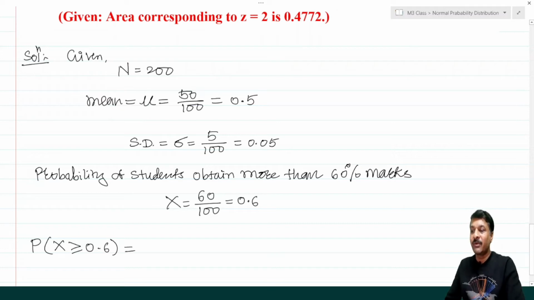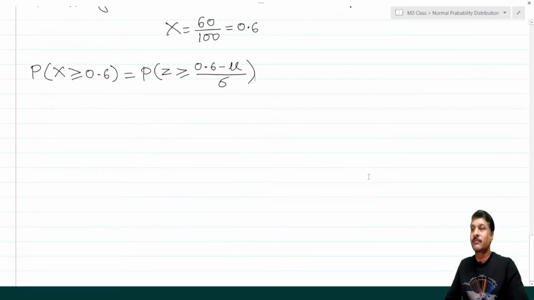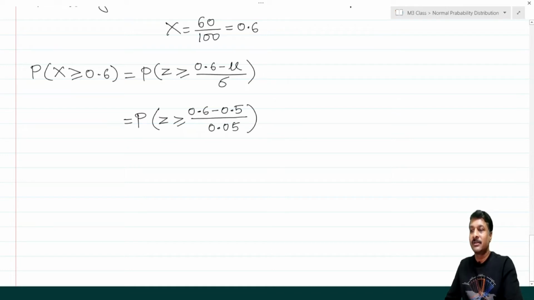You convert into Z. How? Z is (X minus mu) by sigma. So that is equal to the probability of Z greater than or equal to (0.6 minus the mean value 0.5) upon 0.05, the standard deviation. Find this value by calculator. So I am getting Z greater than or equal to 2.